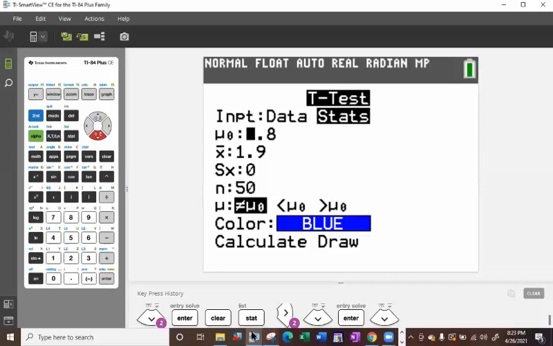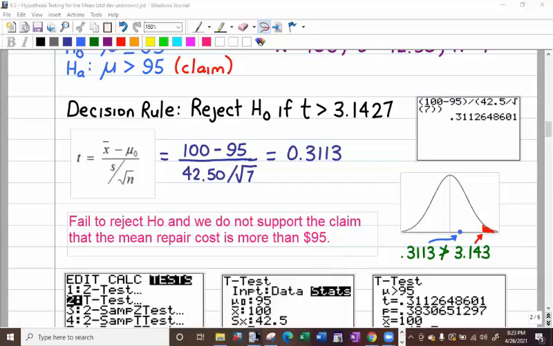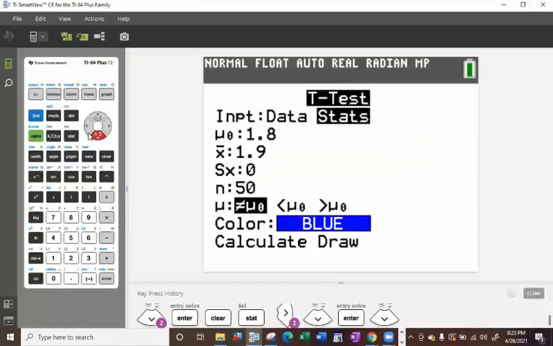And I don't remember. 95 is the hypothesized mean. 100. Wait, 100 is, and then 95 is, I'll double check that.